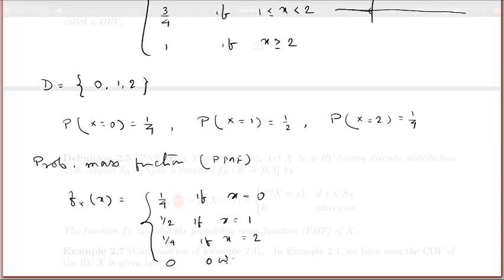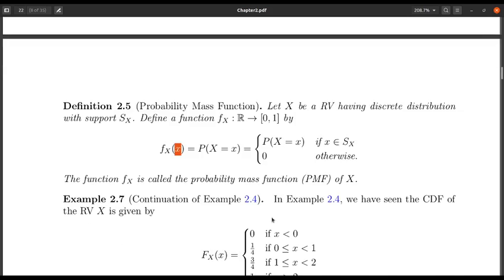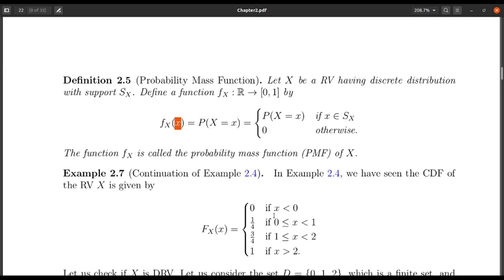So this is basically the definition of a discrete random variable and the probability mass function. And as I have already mentioned, this probability mass function is defined only for a discrete random variable.